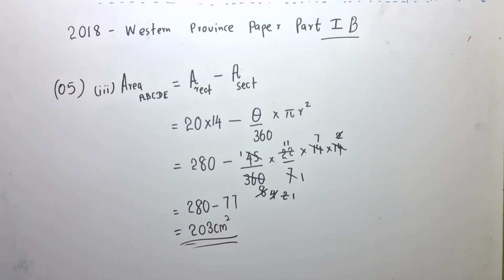So that ABCDE has an area of 203 square centimeters.